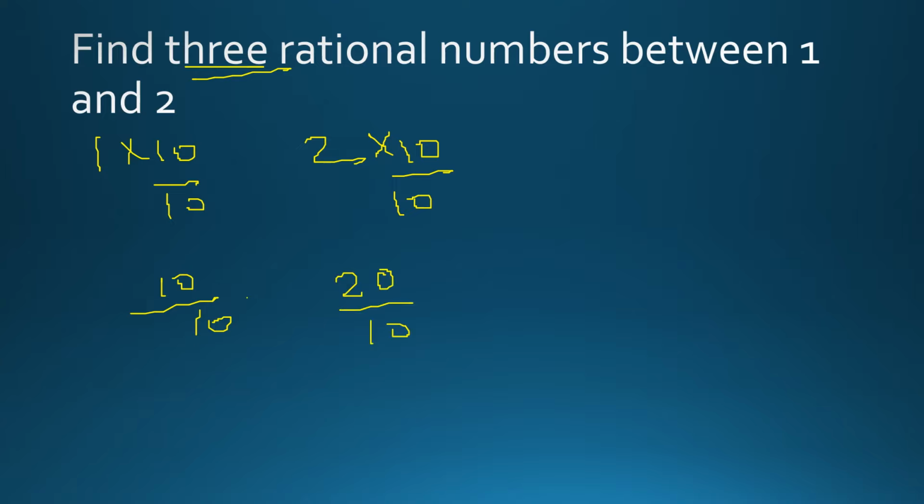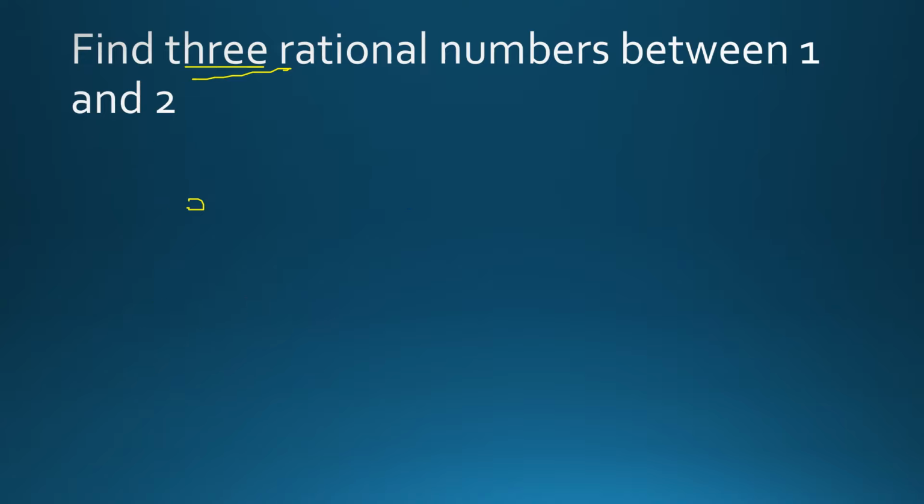And you get many numbers in between 10 and 20, like 11 by 10, 12 by 10, 13 by 10, and so on. We are only supposed to find three numbers, right? So this is one way of doing it. But it depends on marks also, how many marks your question is given for.